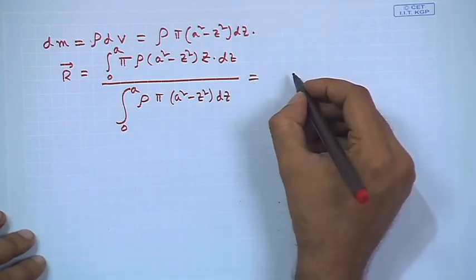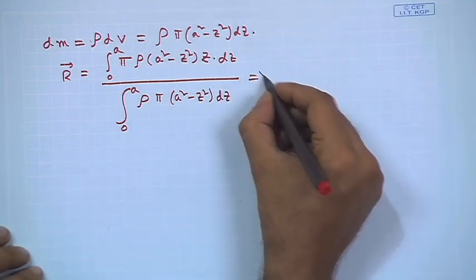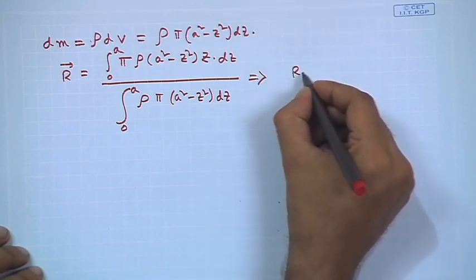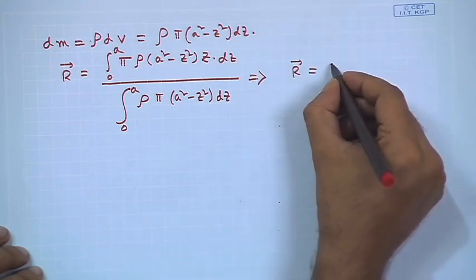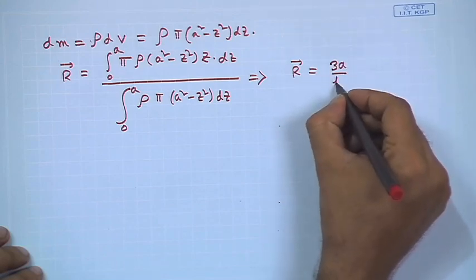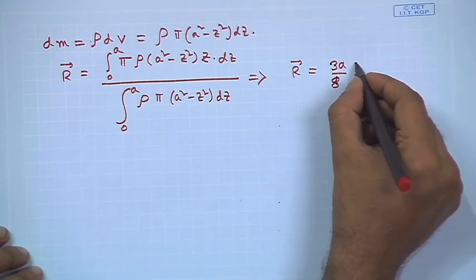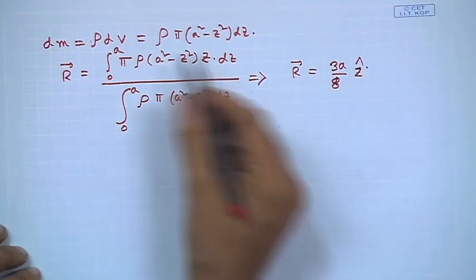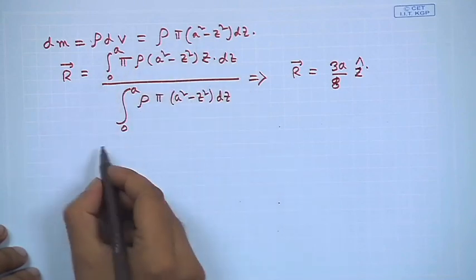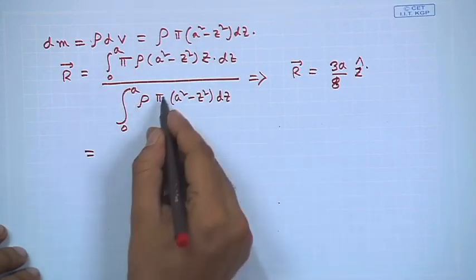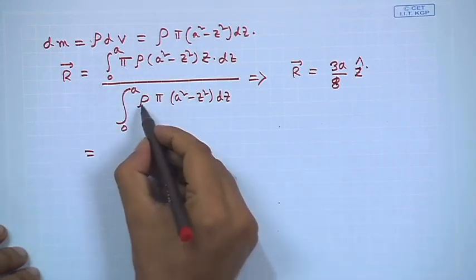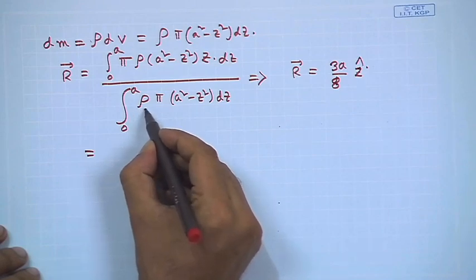Now, if you perform these integrals, you will finally get r located at a position 3a by 8 z cap. I am leaving these simple integrations to you, because in the very next step pi and rho will cancel, since rho is uniform and so constant.